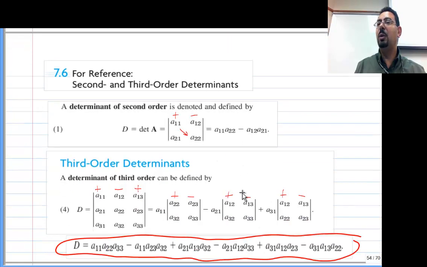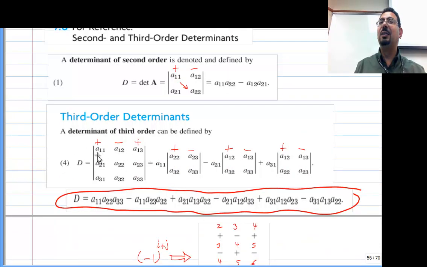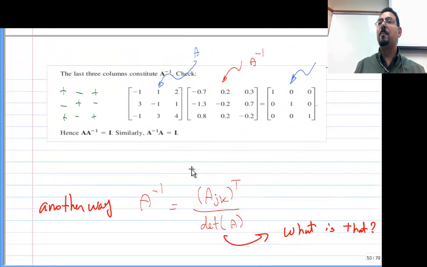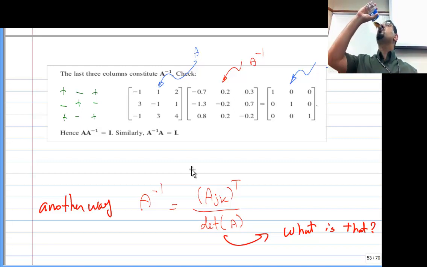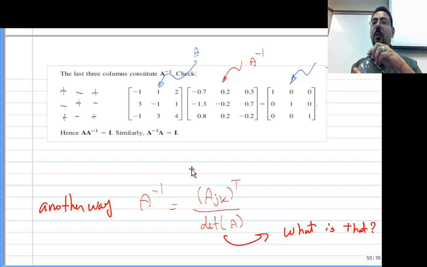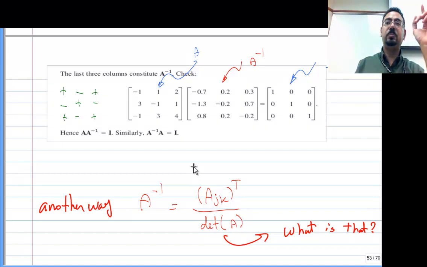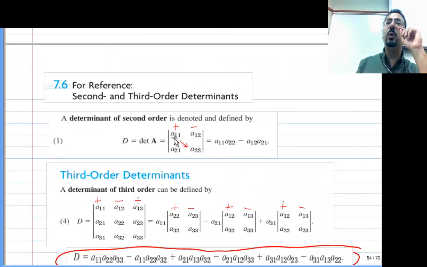Okay, so here is the formula. I'm just explaining how you come up with the determinant of the matrix first. Okay, so that was if it's 2 by 2, right? So simply if 2 by 2, it's A11 A22, the diagonal one, minus the off diagonal.